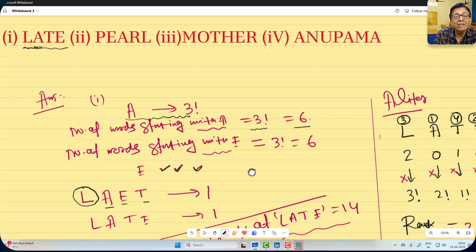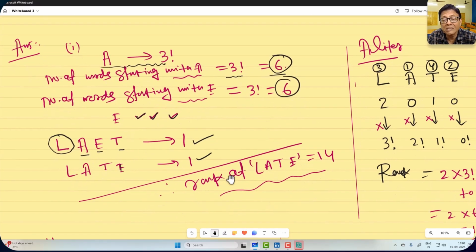So starting with A we have 6, starting with E we have 6, then starting with L we get LATE plus 1, I mean the 14th place we will be getting the word LATE. Okay?